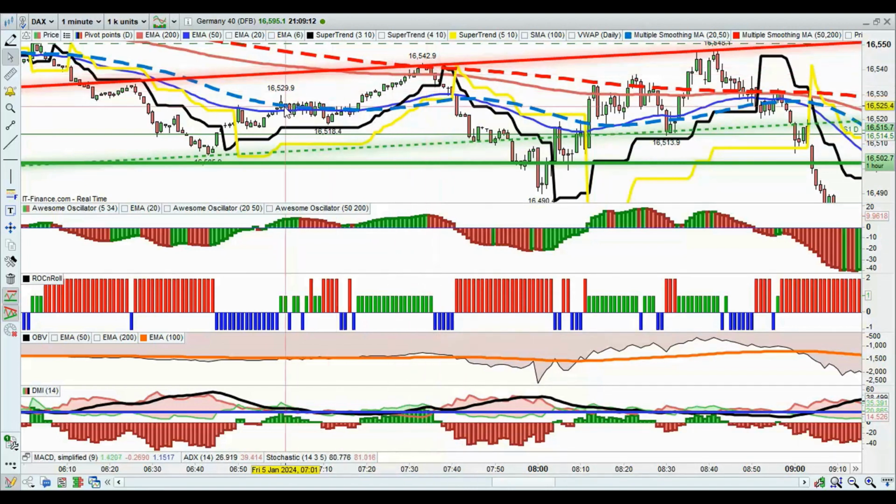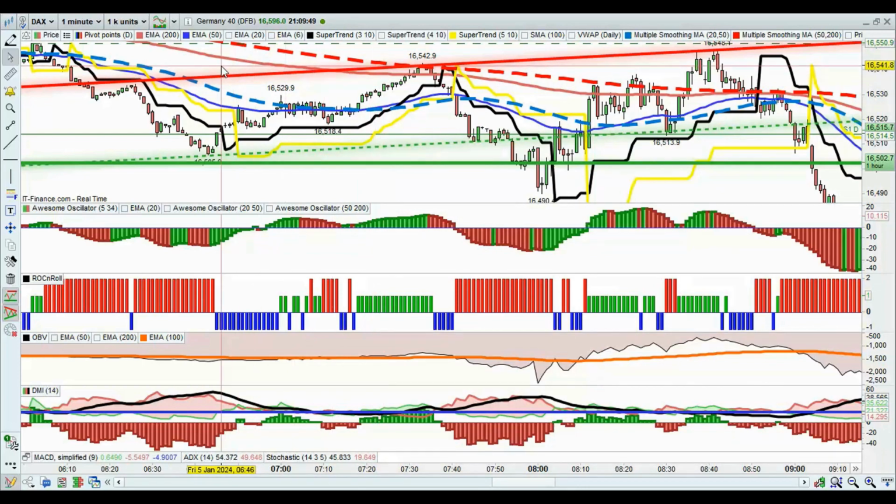So there's no trade, though this was above the Supertrend 310 and the Supertrend 510, because the price was still below the 50-200. If we go back a little bit earlier, we'll see that the DAX overnight had fallen a little bit, and so was still in a downward trend.